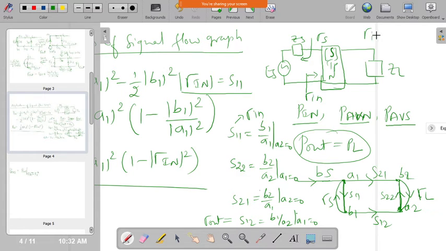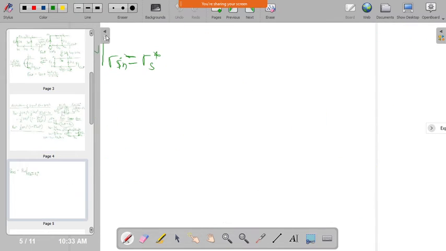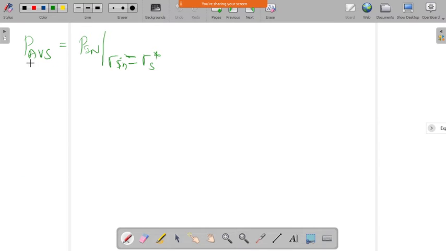Where gamma in is equal to the complex conjugate of gamma S, the input power equals the power available from the source. When this condition is met, PAVS is nothing but Pin. The power is coming from the source, but the input power at this point will be equal only if the reflection coefficients meet this condition.